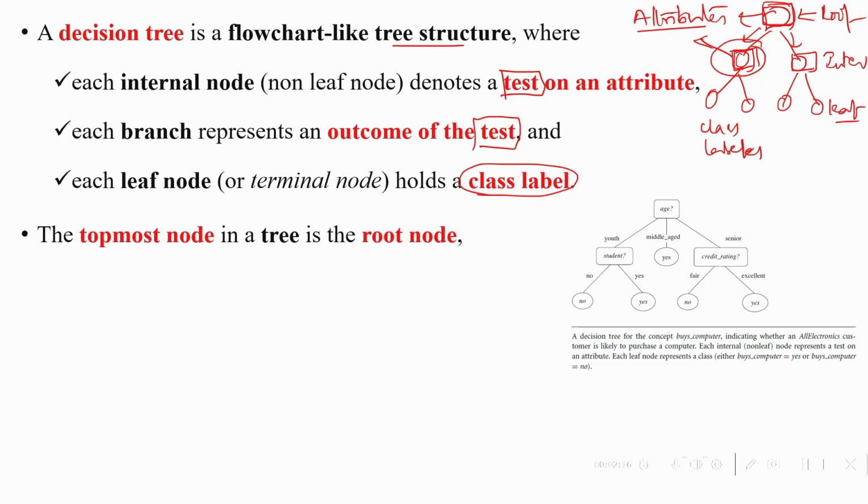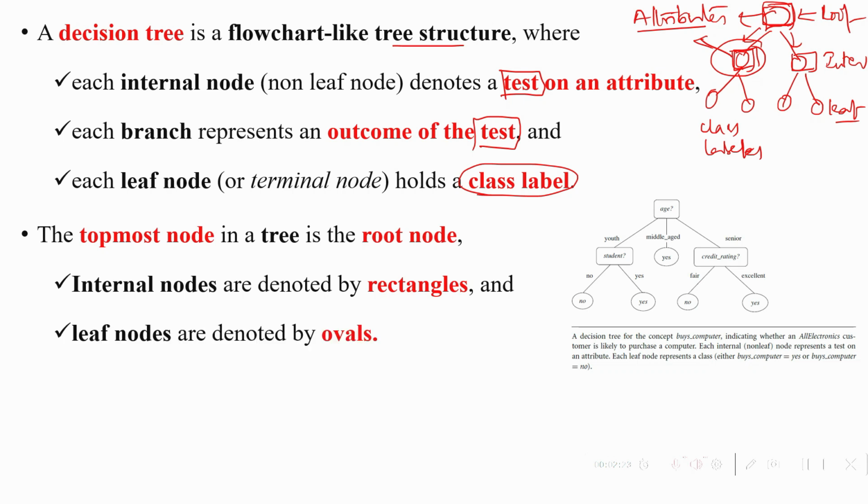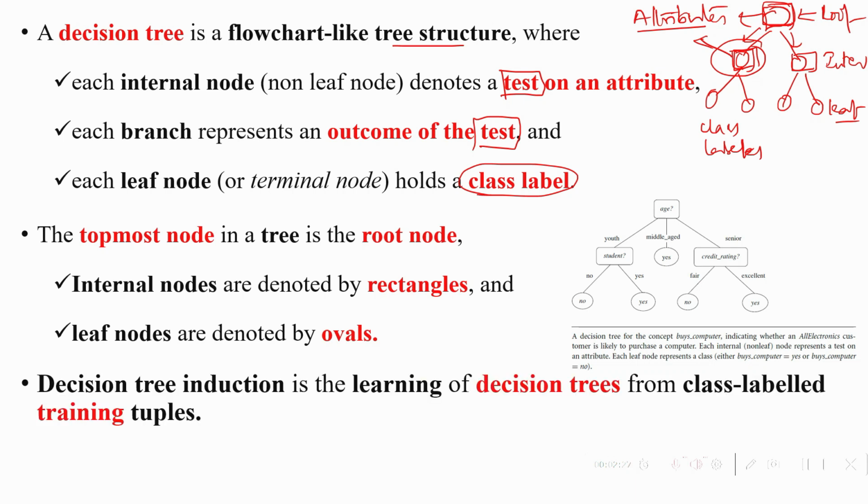Now the topmost node in the tree is called the root node. Internal nodes are denoted by rectangles, and the leaf nodes are denoted by ovals. Decision tree induction is the learning of decision trees from class-labeled training tuples. What is the meaning of class-labeled training tuples?